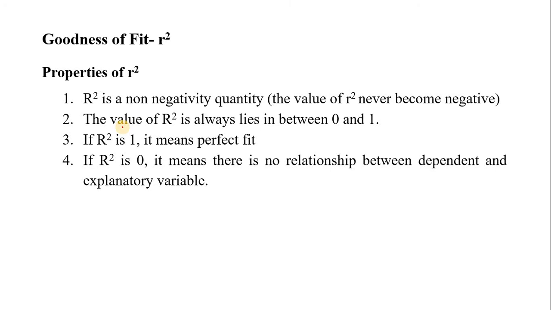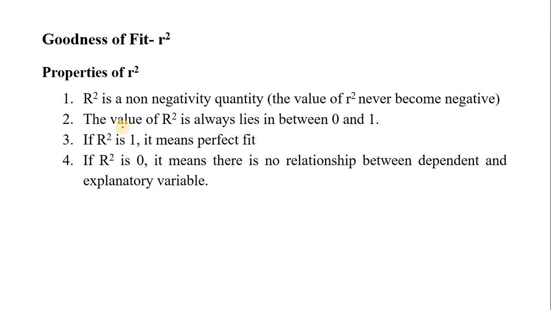R square is basically the square of the correlation. R means correlation, so R square means correlation squared. It is a non-negative quantity and will never become negative. The R square value always lies between 0 and 1.